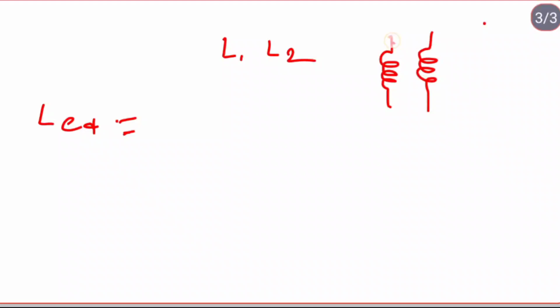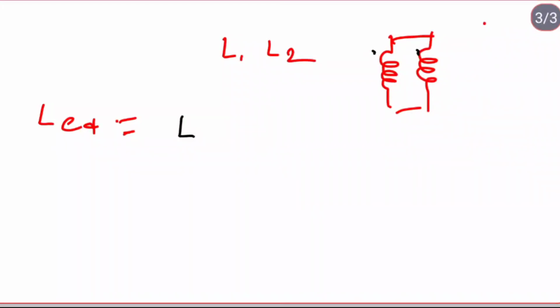When two magnetic circuits with inductances L1 and L2 are coupled magnetically in parallel aiding, L equivalent equal to, if you connect like this, the dot mark indicates it is connected parallel aiding.